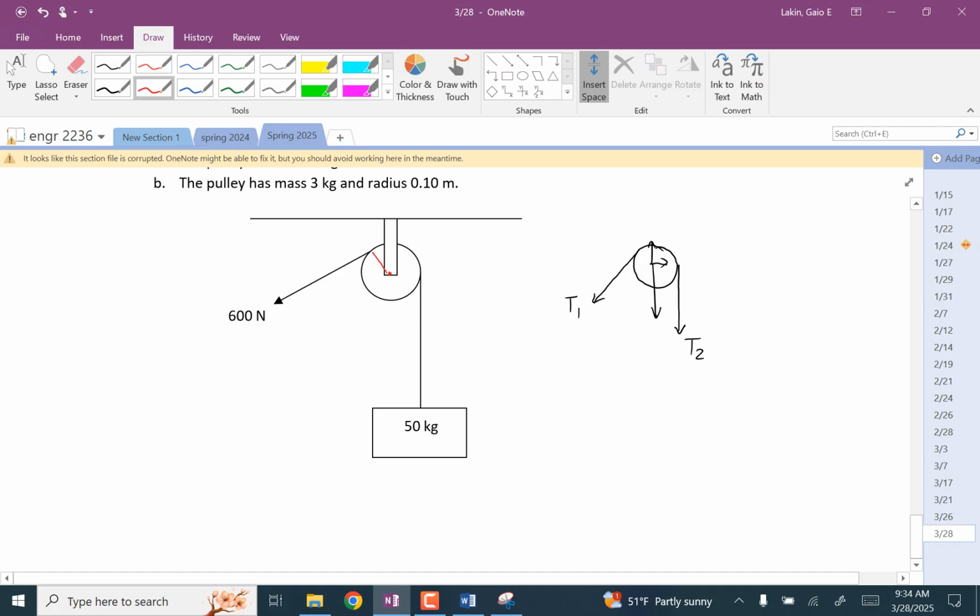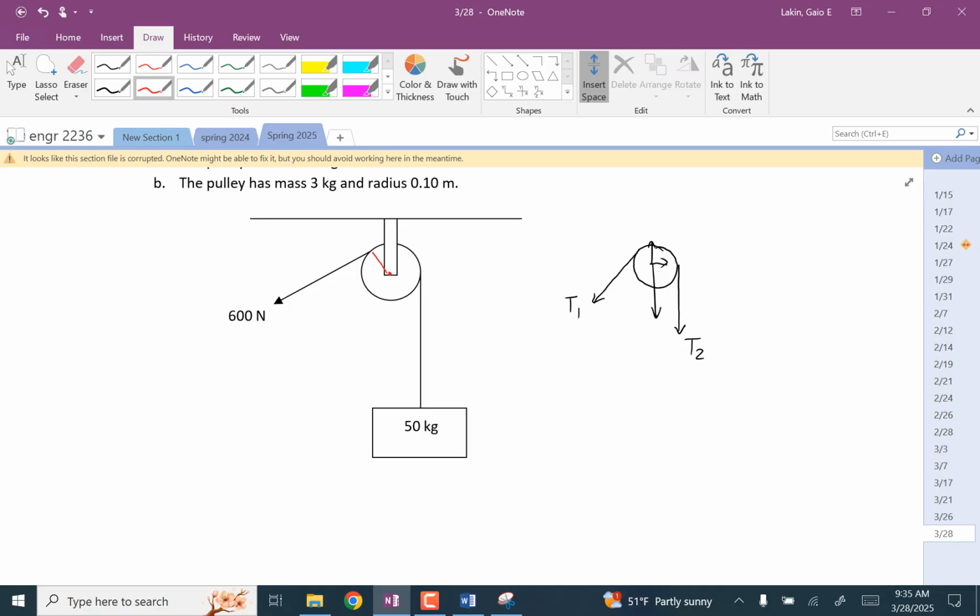And notice that because this force is always tangent to that pulley, the distance to the contact point is always perpendicular to this. So it's always just going to be a counterclockwise, positive moment that's equal to the radius times the force.